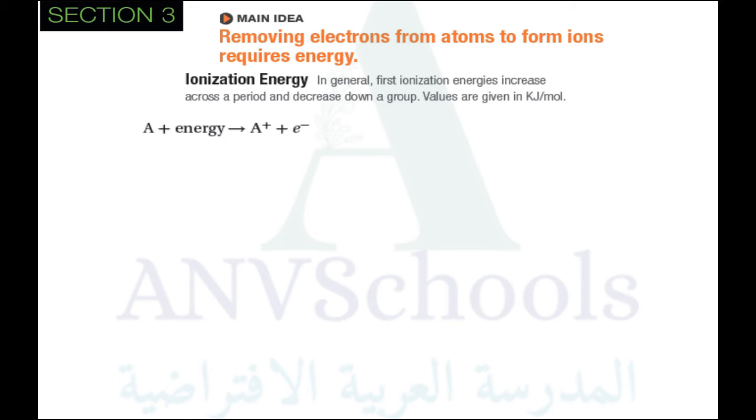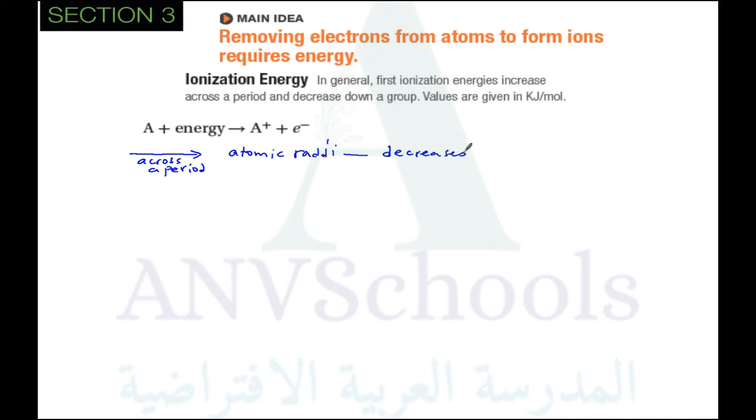So let's think across a period. We have already outlined across a period that atomic radii decrease. What does it mean?